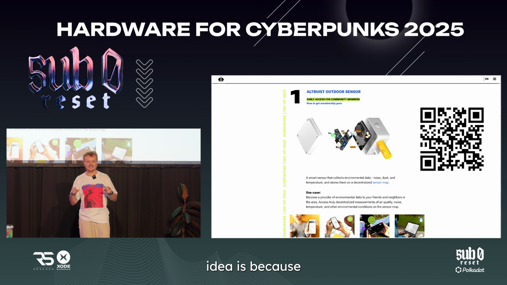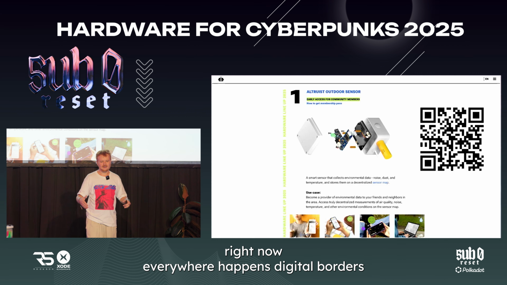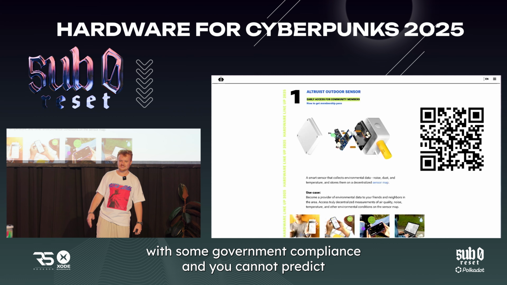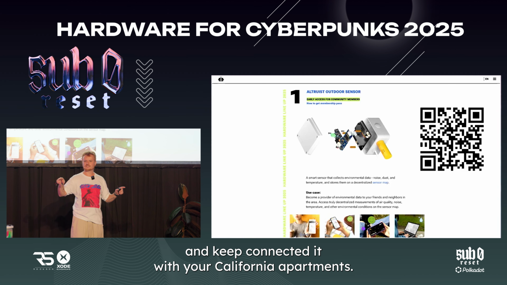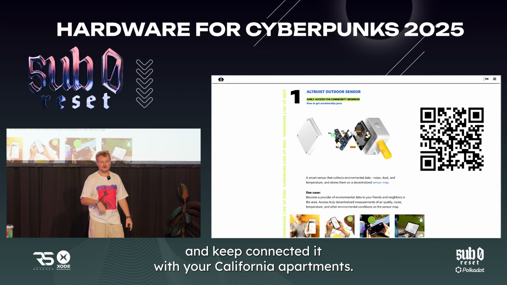But here is a less geeky, less crypto-style idea. Right now, digital borders and government compliance are everywhere, and you cannot predict how to bring a small gift to, for example, your Chinese grandma and keep it connected with your California apartment.